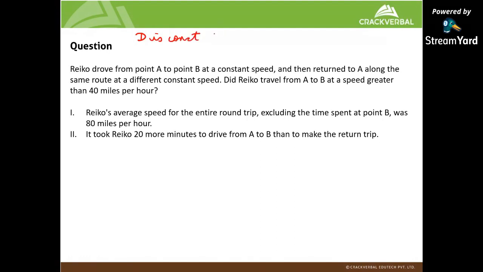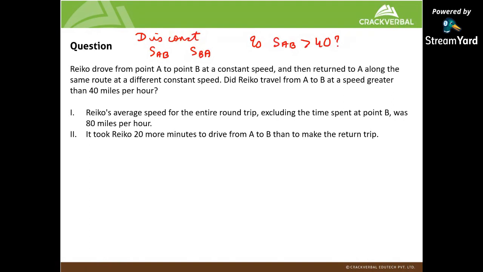He travels at some speed from A to B, let me call that S of AB, and back at a different constant speed, S of BA. The question asks whether Raiko traveled from A to B at a speed greater than 40 miles per hour. So the question is: is SAB greater than 40?